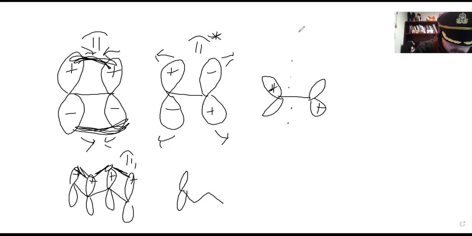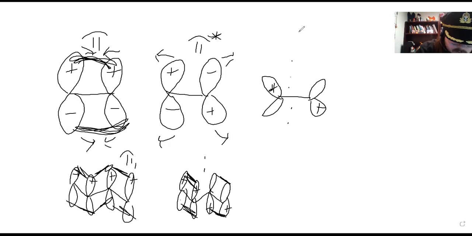This one's going to be called pi 2. We're just numbering them. Plus, plus, and minus, minus. We have bonding here and bonding there, so we have essentially a region of no electron density in between. We have one node for our pi 2.